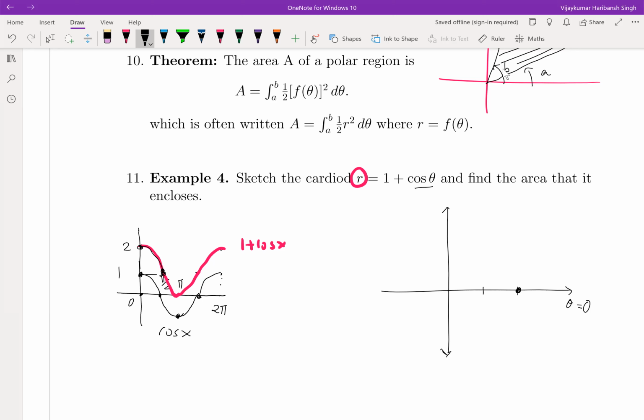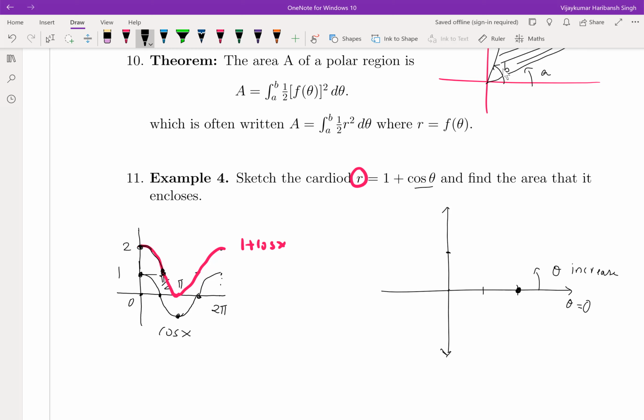Here is the theta increase direction, right? So r starts decreasing. The value of r is the distance from the origin, so this starts decreasing, and at pi by 2 it becomes 1.